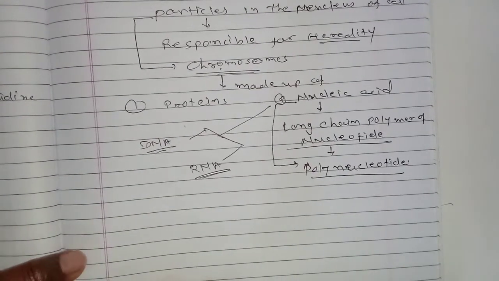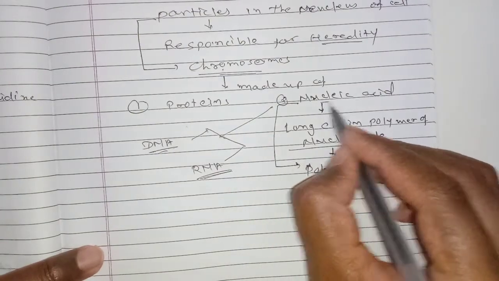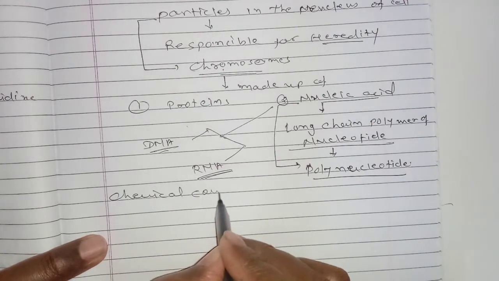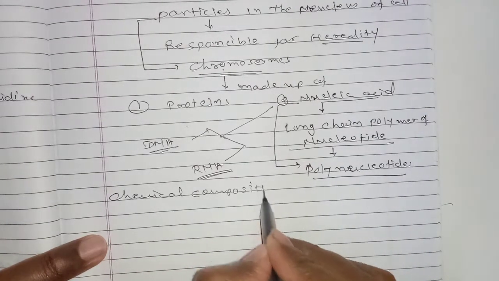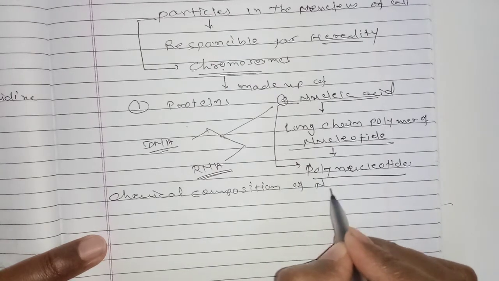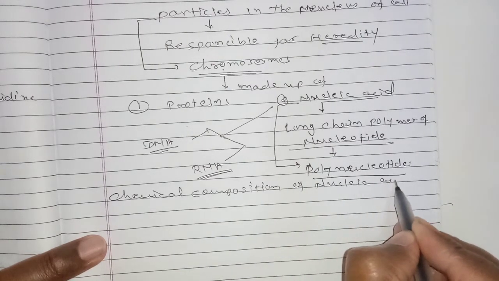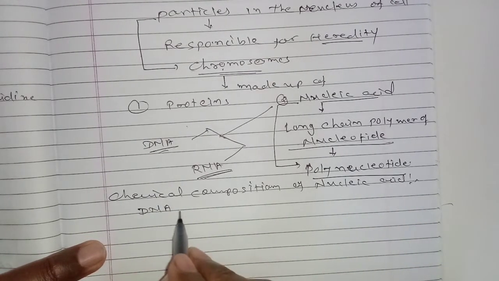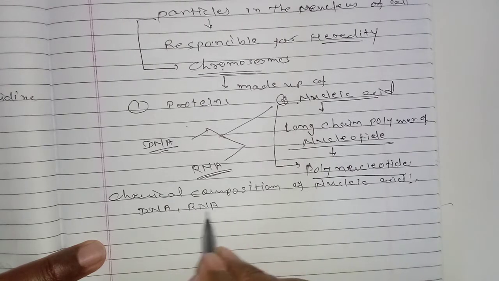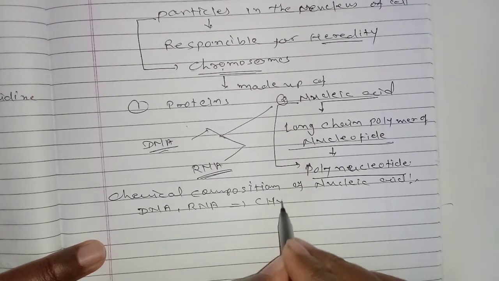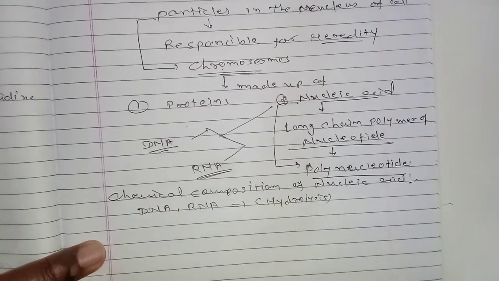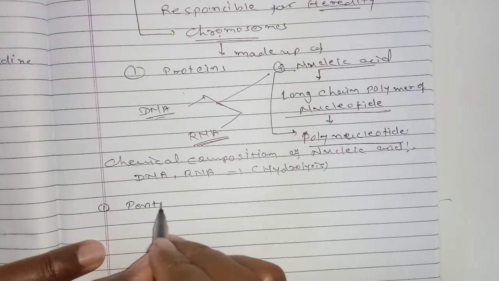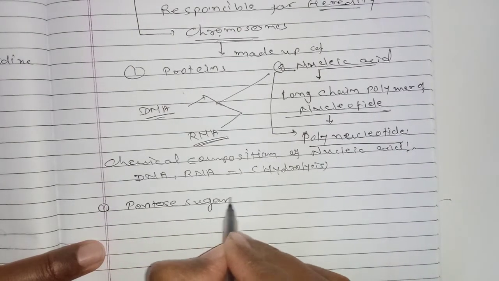Now the chemical composition of nucleic acid. On hydrolysis of DNA, RNA, we get number 1, pentose sugar.